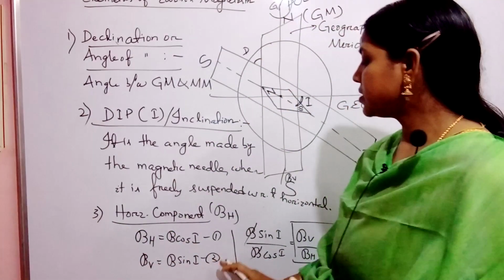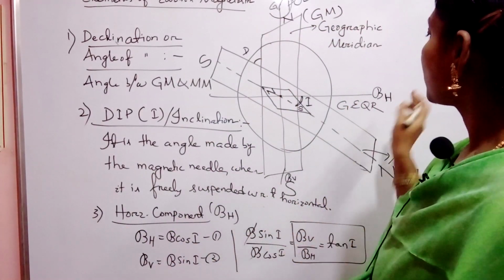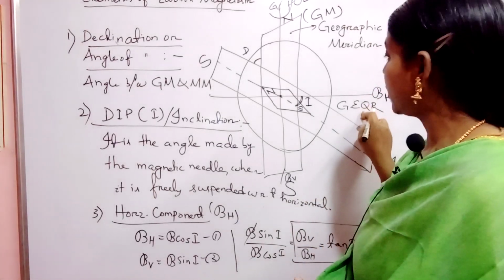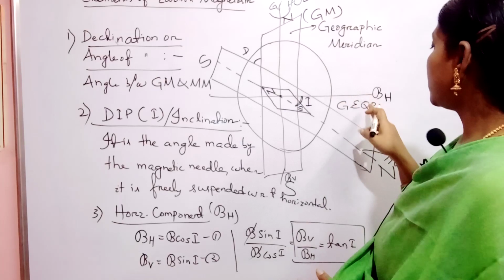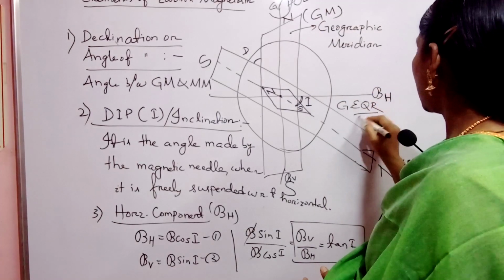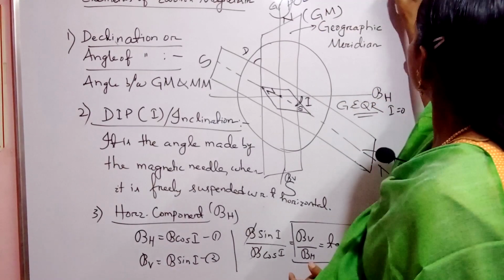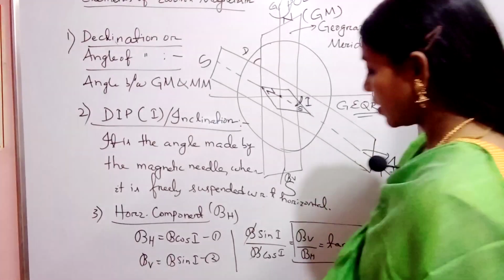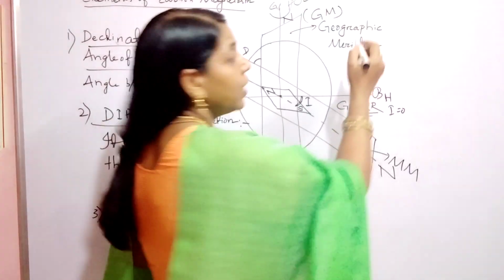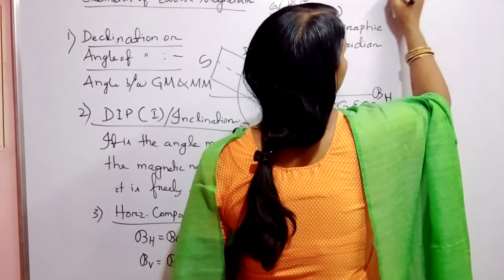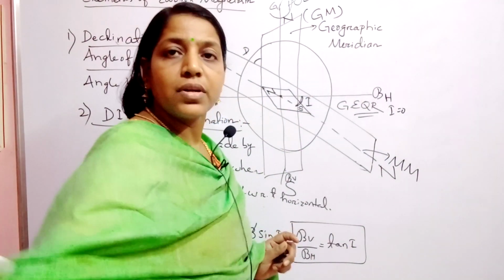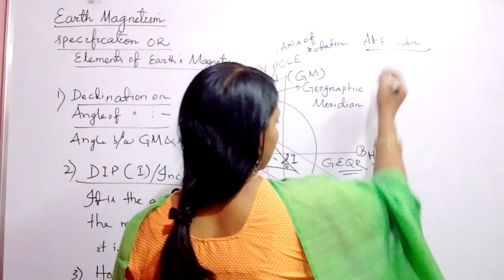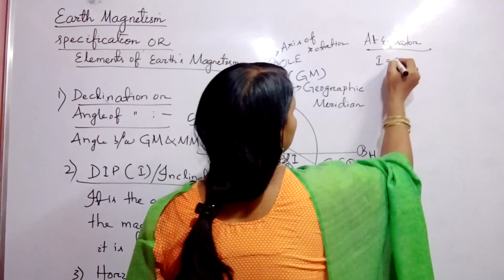Now this horizontal component, what will happen at the equator? At the pole, what will happen? This is your equator. This is your pole. At the equator, your angle I equal to 0.